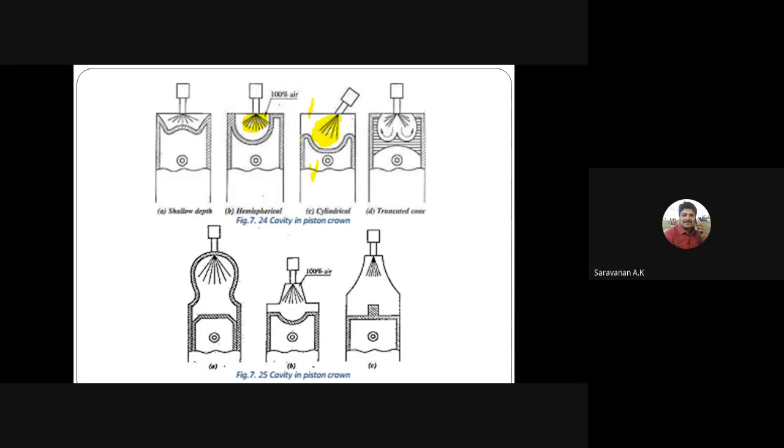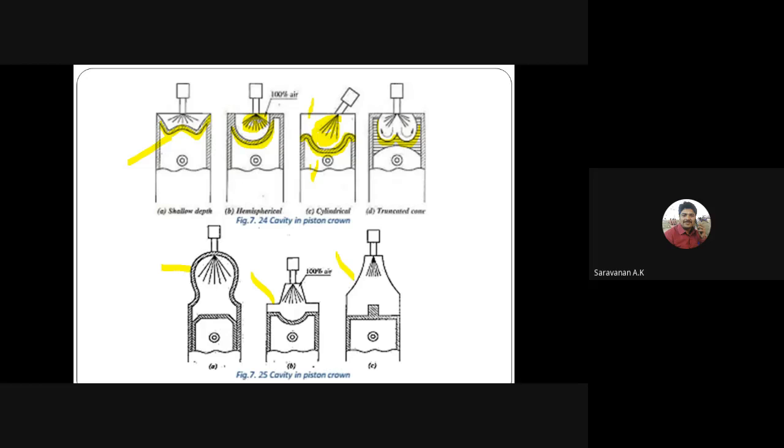Here we have different types of crown. The top of the piston is called the crown. Here you can see the different shapes; the piston shape will be different, and the head also has different shapes.